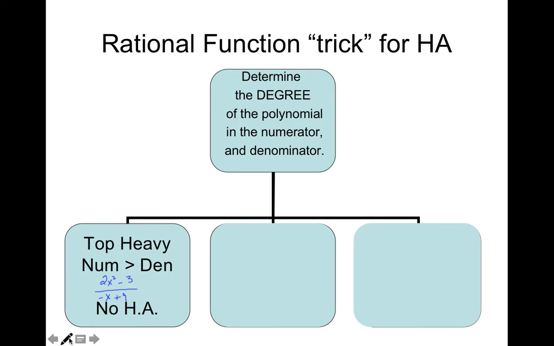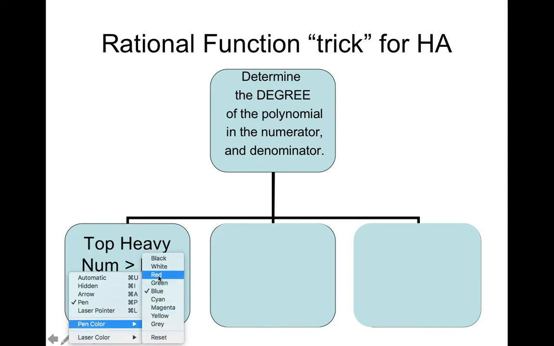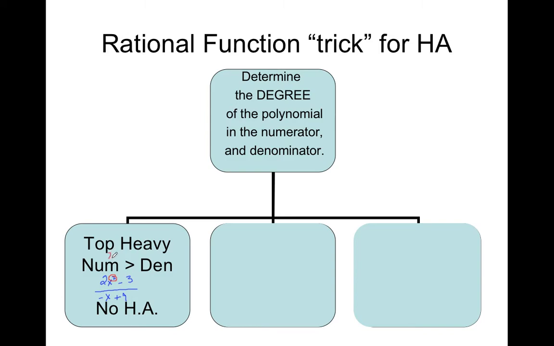Now again, the degree of your numerator, 2, is greater than the degree of your denominator, so you have no horizontal asymptote, and plus, since 2x squared over negative 1x reduces to negative 2x, I know the ends of my rational function will look like a diagonal line with a negative leading coefficient. Crazy!